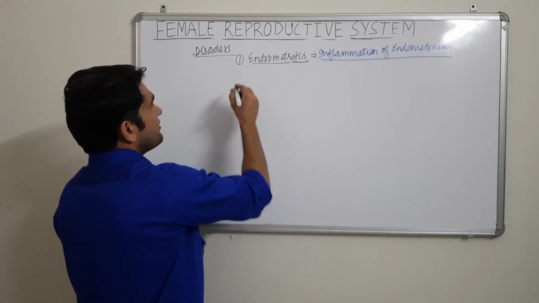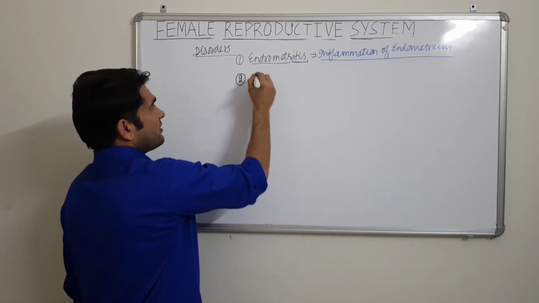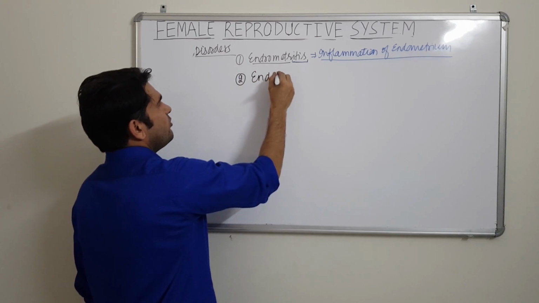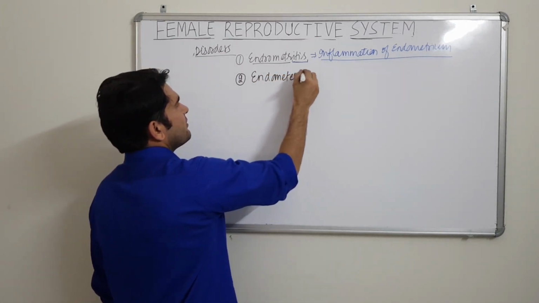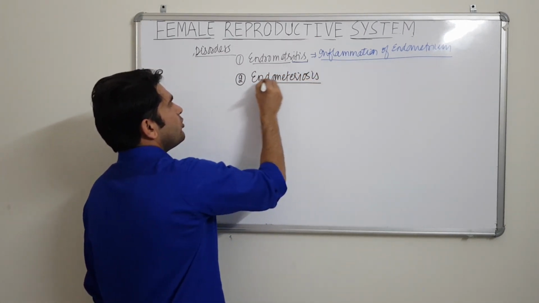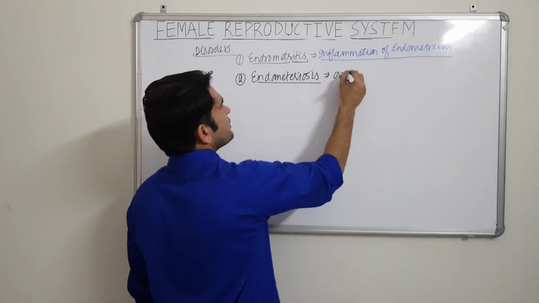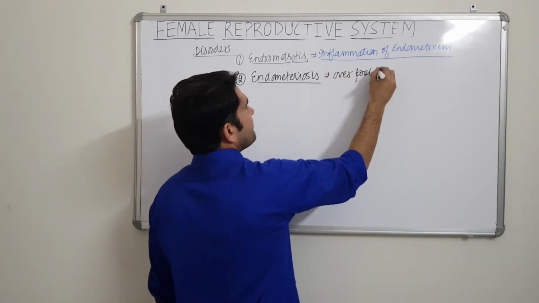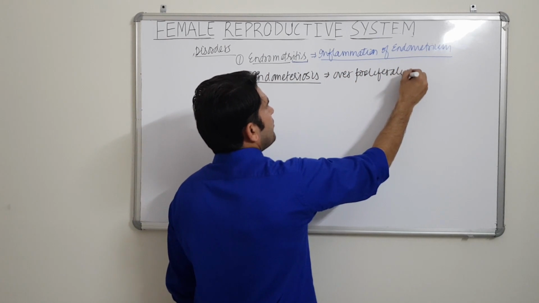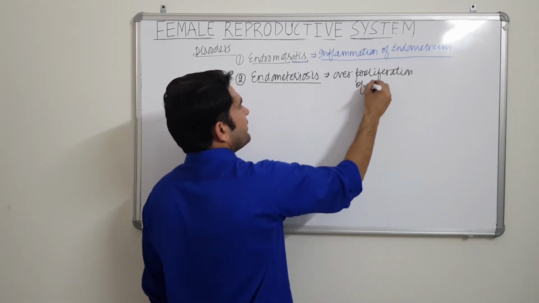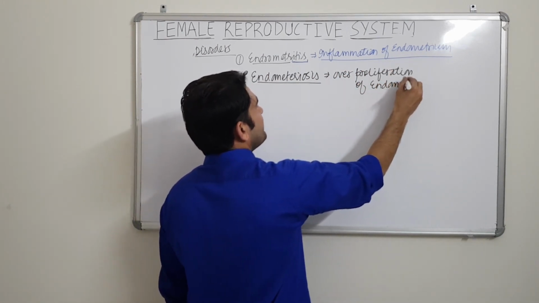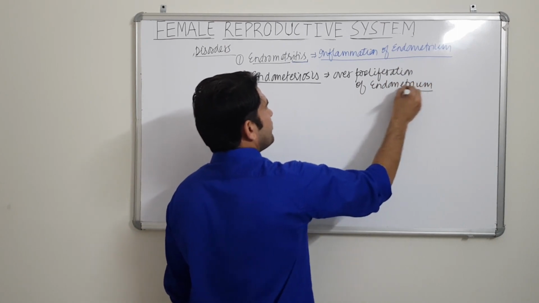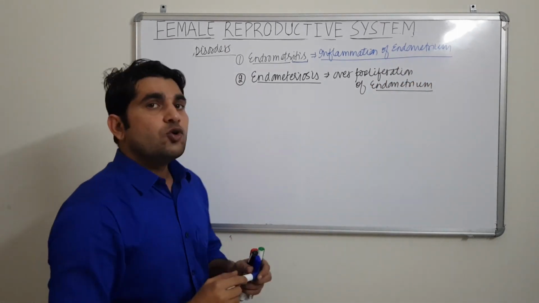Then a term which I really want you to learn, where there is the most confusion, is endometriosis. Students, endometriosis is the overgrowth, overproliferation of endometrium. Generally endometrium is confined to which area? Endometrium is only and only confined to the uterus.